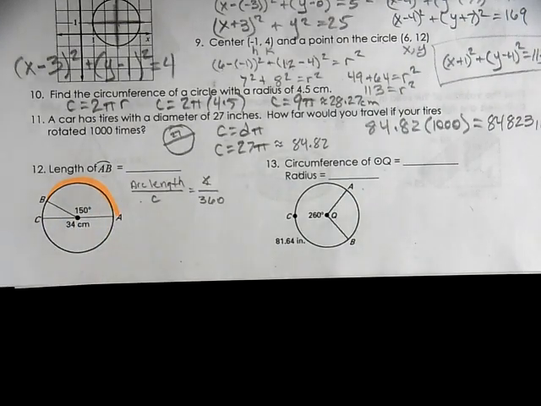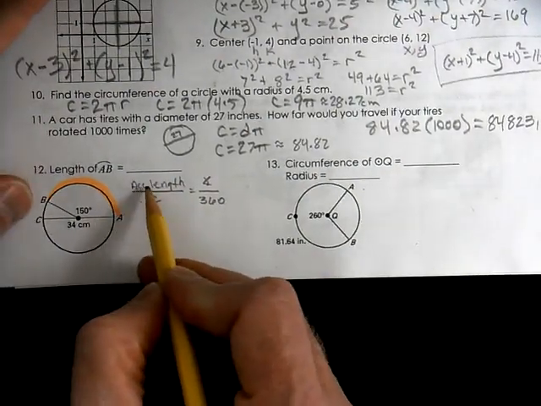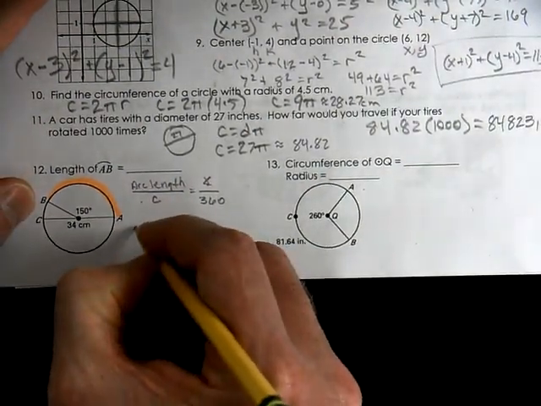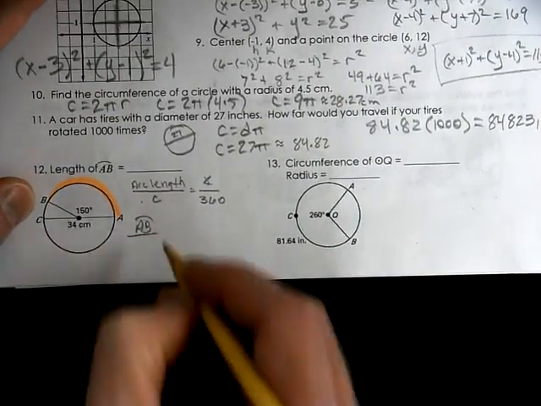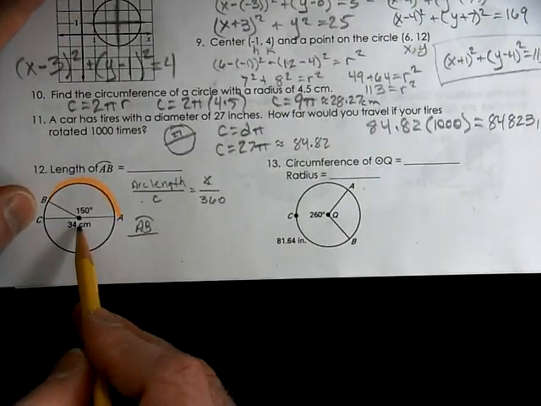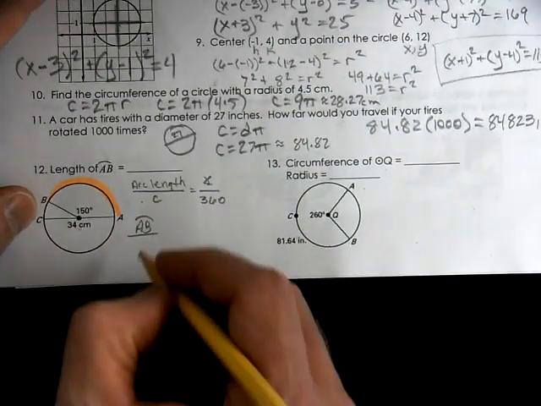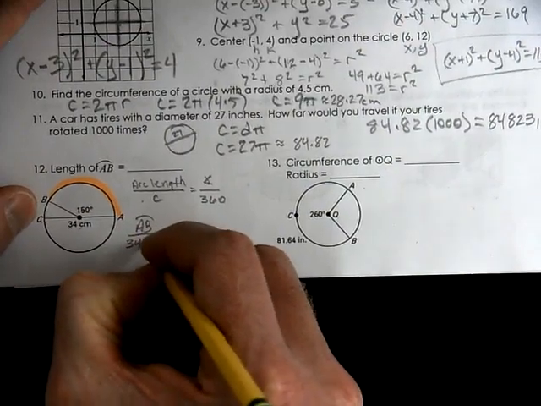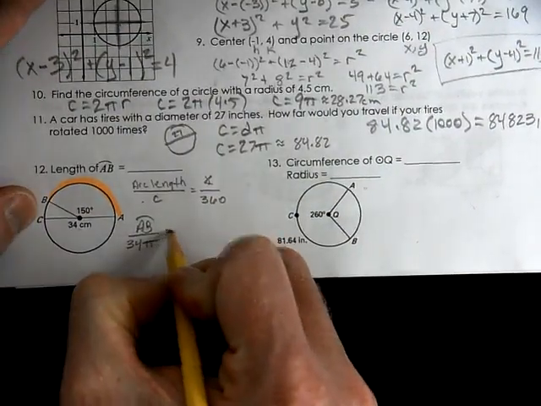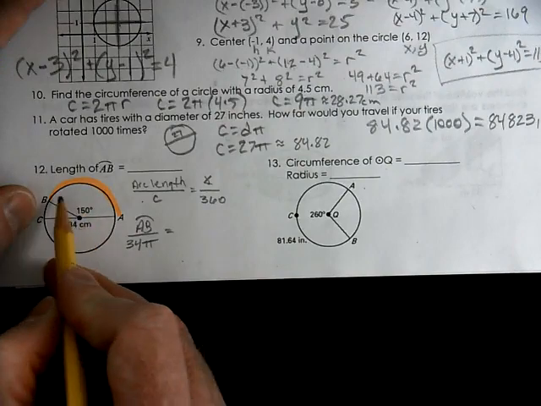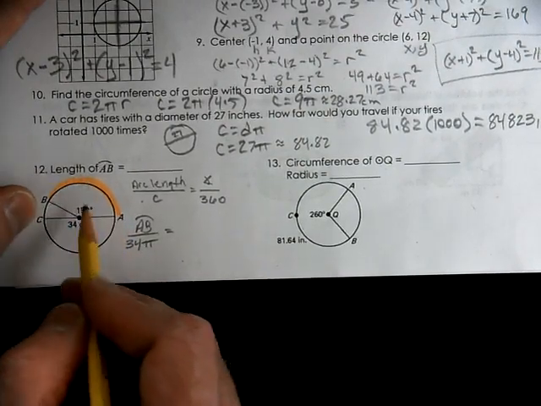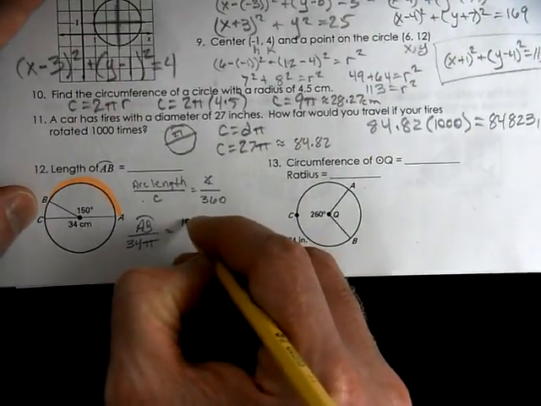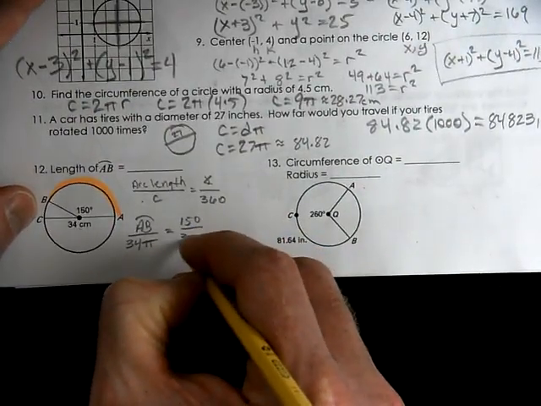That's what they're trying to tell you. So we're trying to figure out this arc length. So we have AB, that's the arc of AB, over our circumference, which is diameter times pi. And you need the angle value that corresponds to the arc length. So that's 150 over 360.